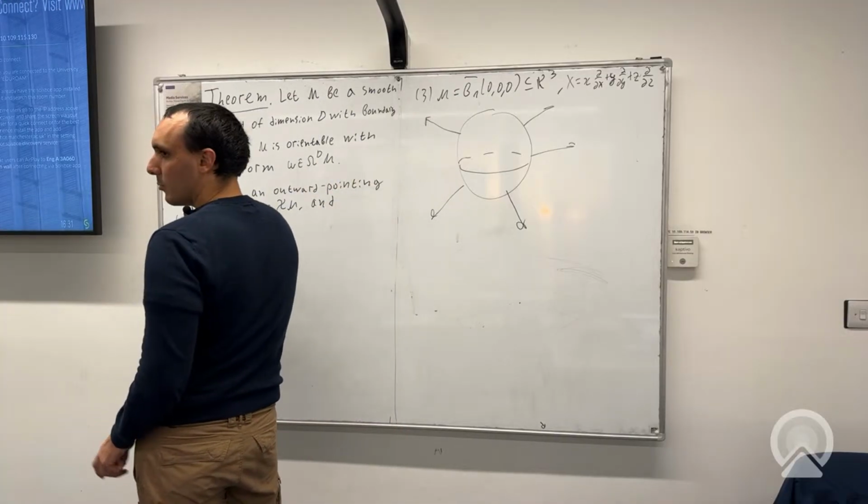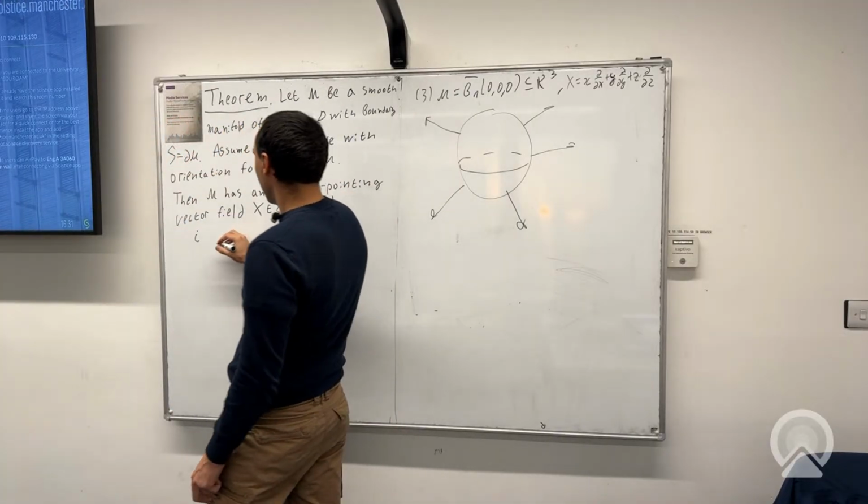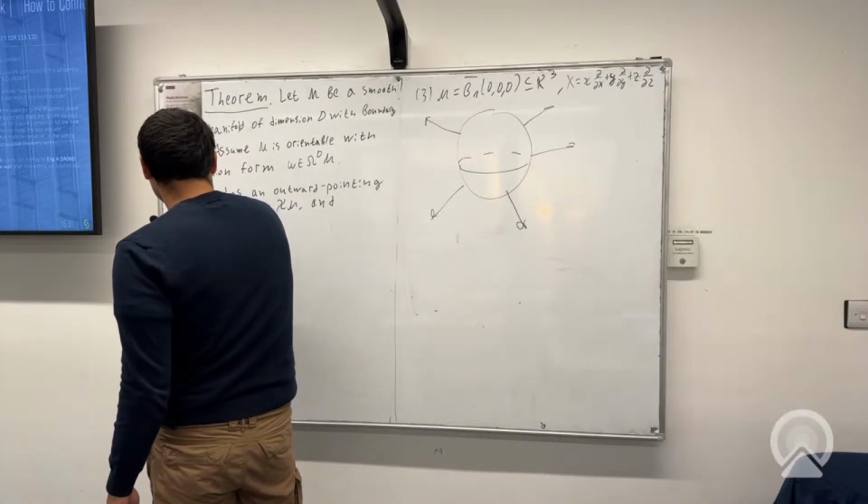And iota, this is the interior product. I defined it last week, so I will recall what it is.